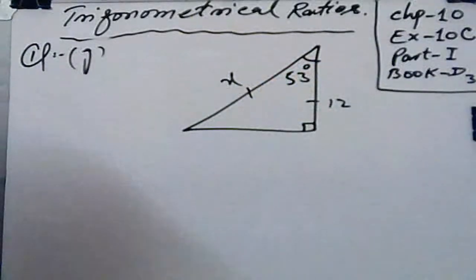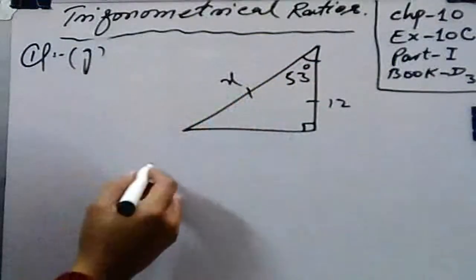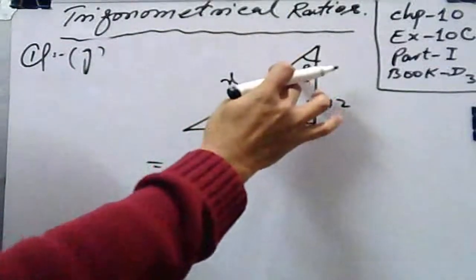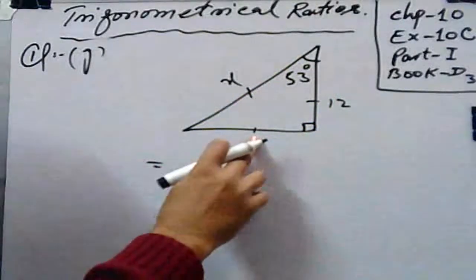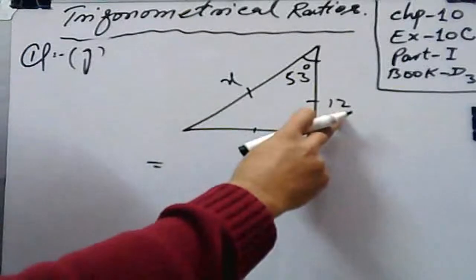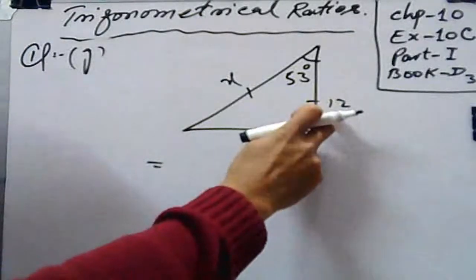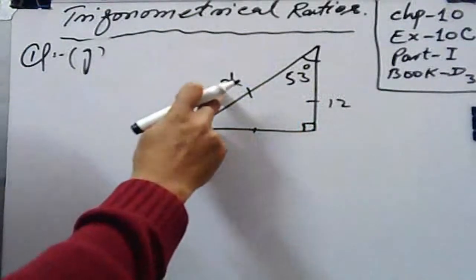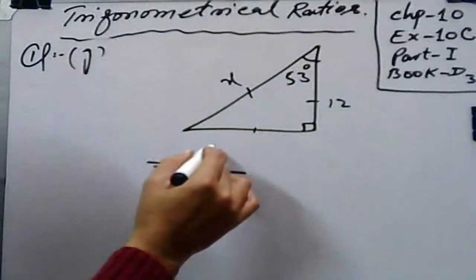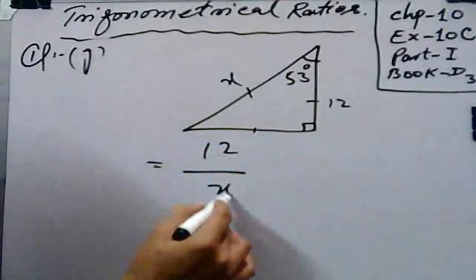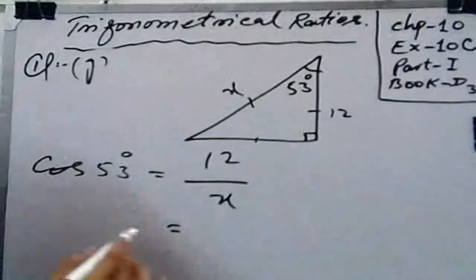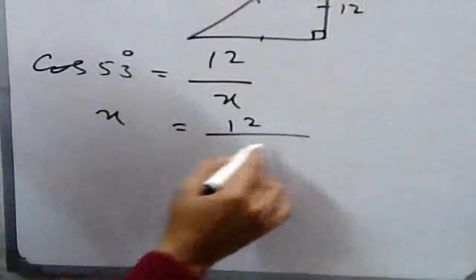You should take the ratio. If you take this angle, the opposite side is known as perpendicular, and the adjacent side is known as base. So base by hypotenuse is known as what? Base by hypotenuse is known as cos. So cos 53 degree. By cross multiplication, the value of x is 12 divided by cos 53 degree.